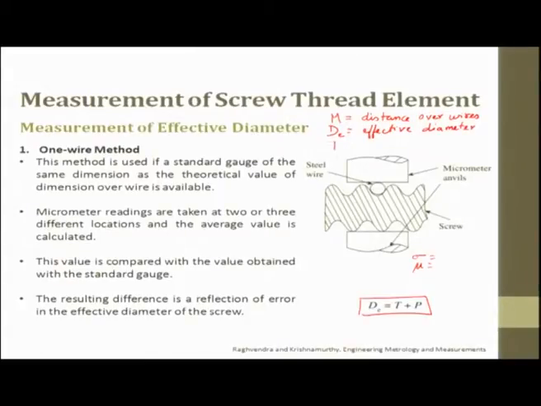And T is the dimension under the wire, and P is the correction factor.